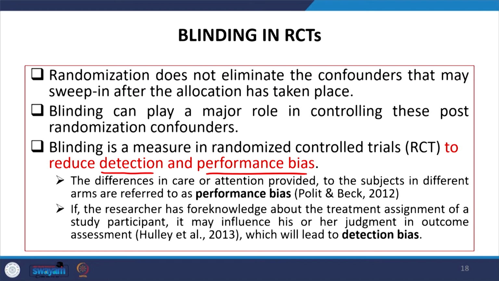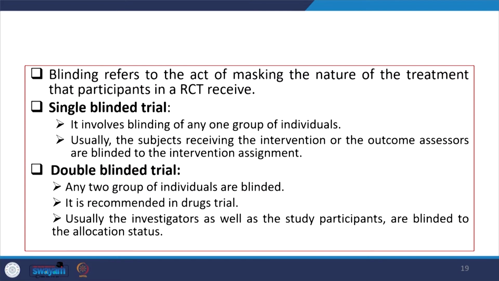If the researcher has foreknowledge about the treatment assignment of a study participant, it may influence his or her judgment in outcome assessment, which will lead to some detection bias. So, if there is some prior understanding, that may lead to certain detection bias. Those could also be identified through the RCT design.